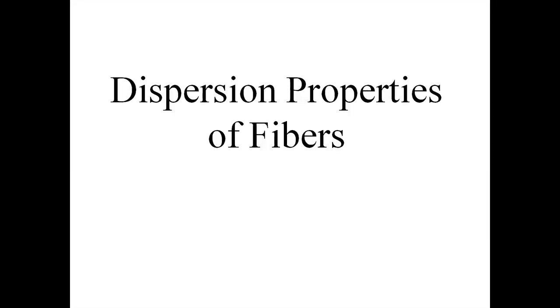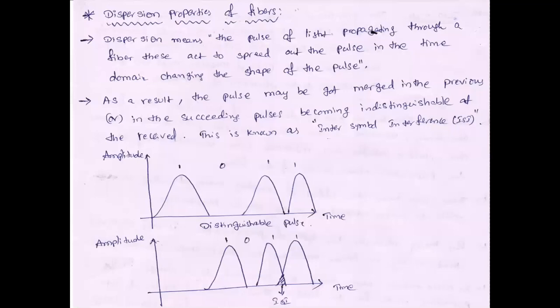Now we'll go to the dispersion properties of fibers. First, what is meant by dispersion? Dispersion means that a pulse of light propagating through a fiber spreads out in the time domain, changing the shape of the pulse.